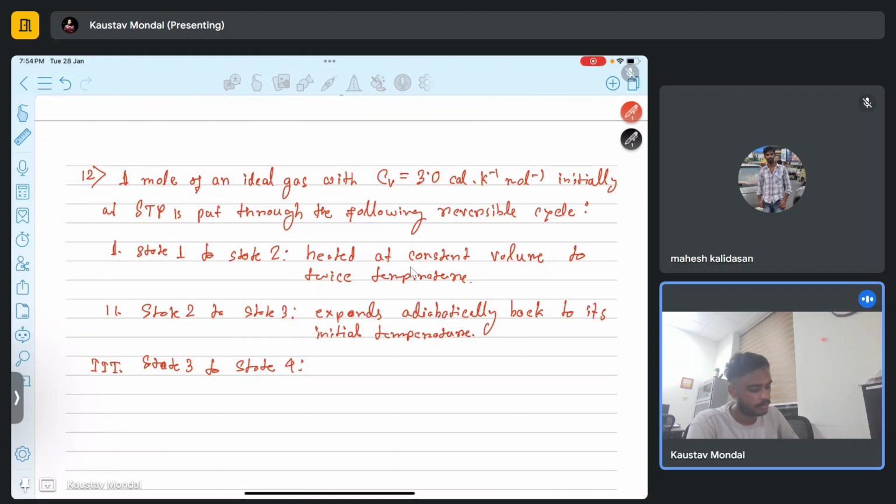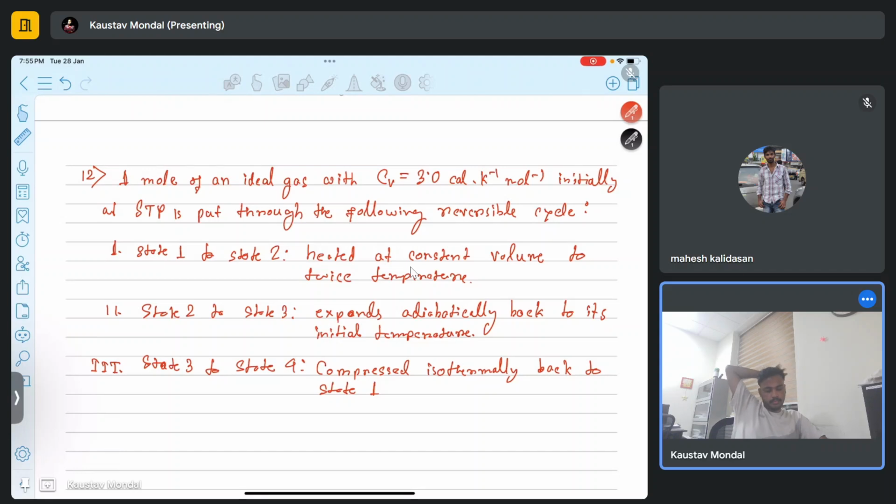Sorry, this is basically a reversal, so it goes back to state 1 actually. It is compressed isothermally back to state 1.